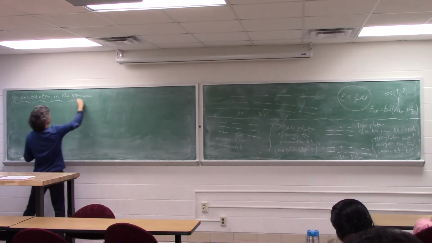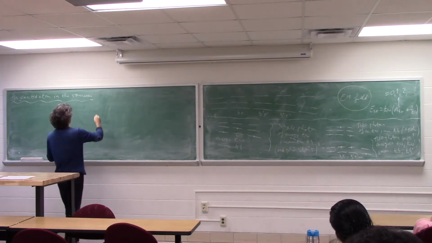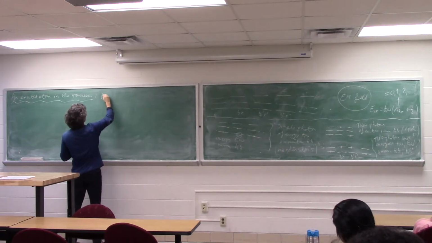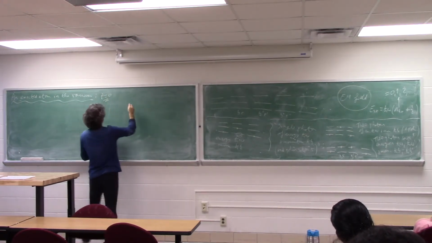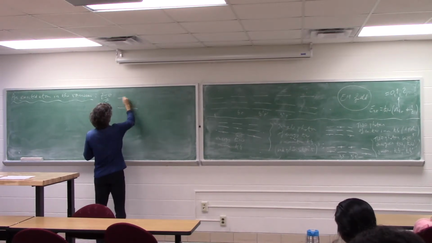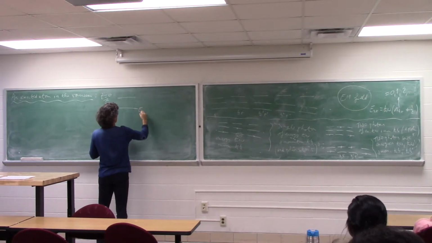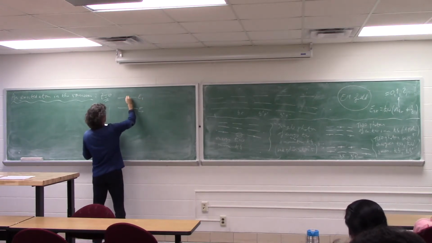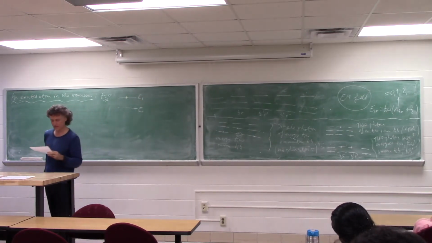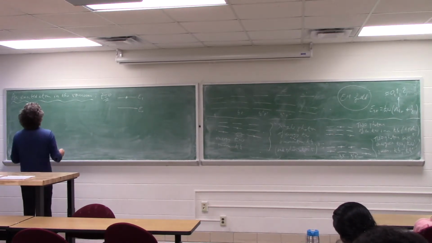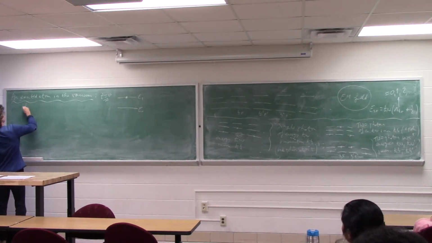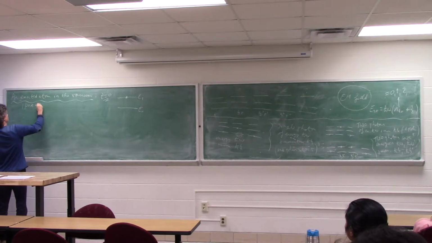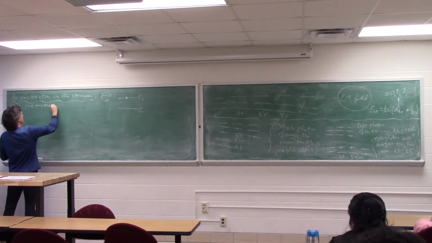At t is 0, let's just think about two energy levels. The atom has a ground state and a first excited state, and let's say the atom is in the first excited state.